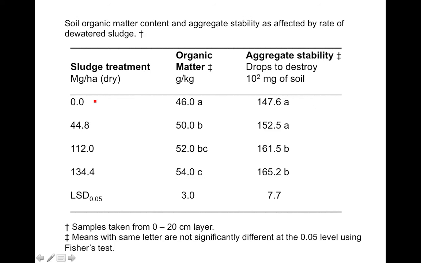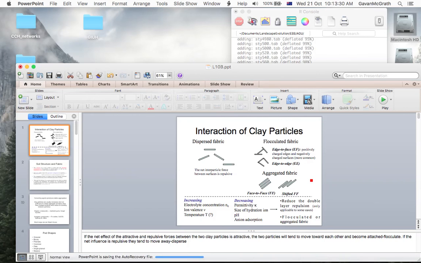With zero sludge treatment, it took 147 drops on average. As you increase the total sludge applied, you tended to increase the amount of organic matter incorporated into the soil, and that increased the aggregate stability, the number of drops that it could resist before it broke down. Right, end of lecture.